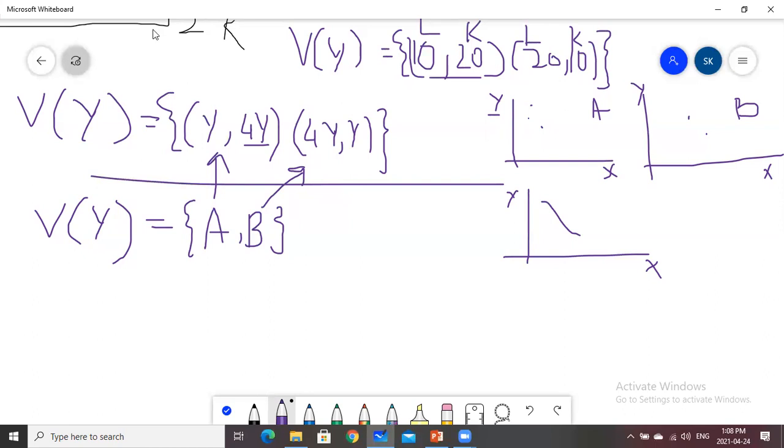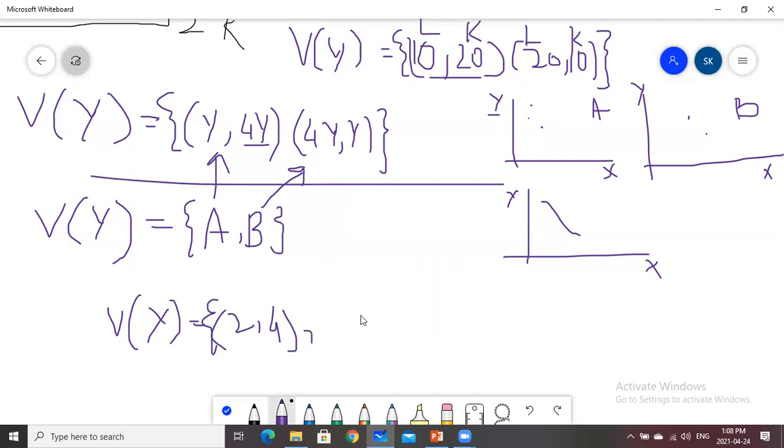That is, sorry for this, let me write it again. If Vy is equal to 2, 4, this is one input combination.